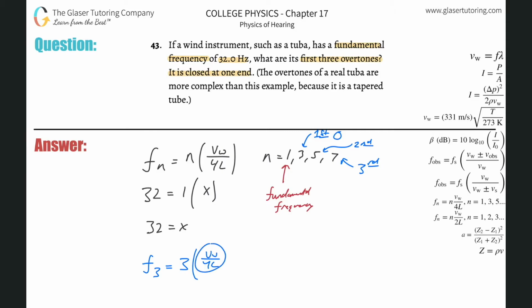We didn't know the exact values here, but we know that whole fraction has to be 32. We just found it before. So you can just plug in 32 here. And look at how nice this is. The frequency of the third harmonic, which is the first overtone, is simply 3 multiplied by 32, aka 96 Hertz.